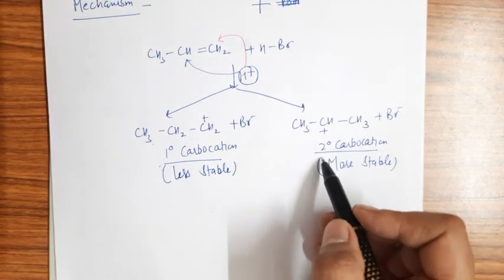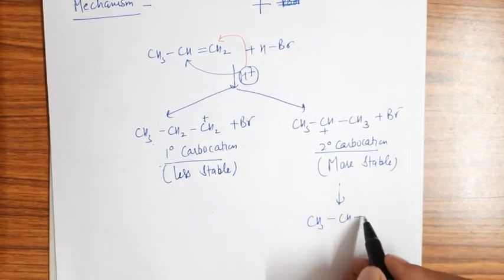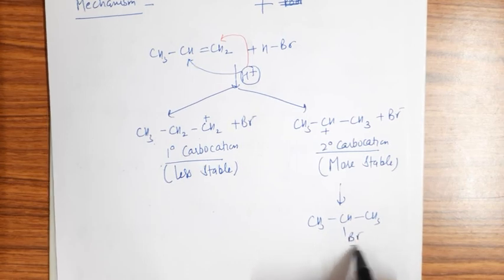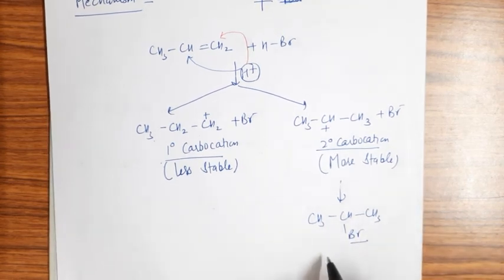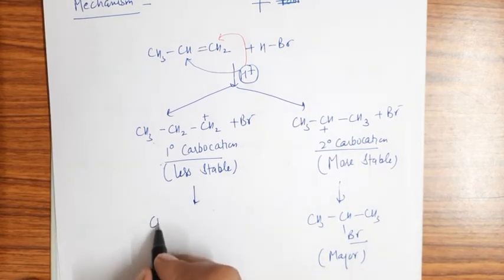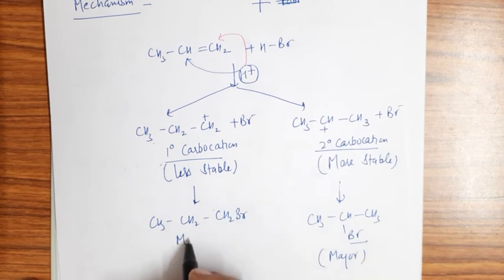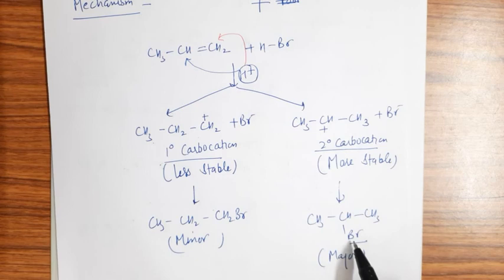So when secondary carbocation is formed, this will be the product, that means 2-bromopropane. This will be treated as the major product, while CH3CH2CH2Br is treated as the minor product. There will be formation of both compounds, but the major product will be 2-bromopropane, while 1-bromopropane will be the minor product.